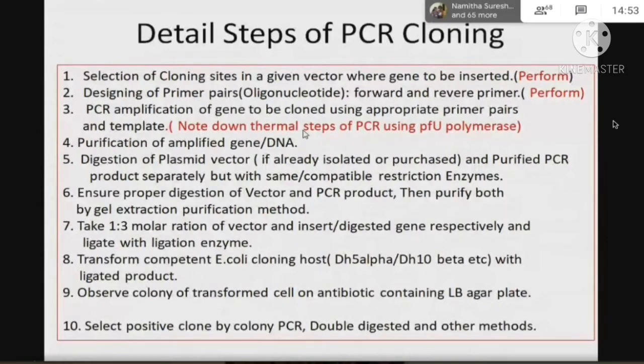If we find a non-specific band along with your specific PCR product, then we cannot directly purify. Then we have to run it on gel, and from the gel we extract that PCR product. Are you getting it? If PCR is very specific, then we can directly purify.